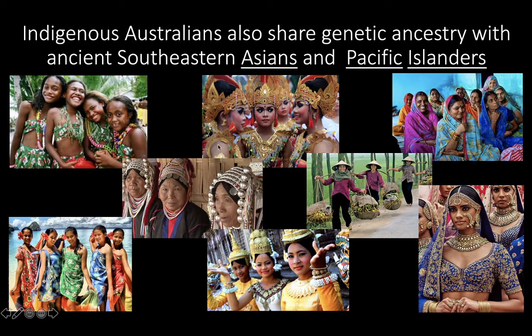So all of these images I have here, of course, are of modern Southeast Asian and Pacific Island people, people from Laos, Vietnam, Cambodia, Malaysia, Indonesia, Papua New Guinea, and things like that. I did specifically choose primarily images of women.